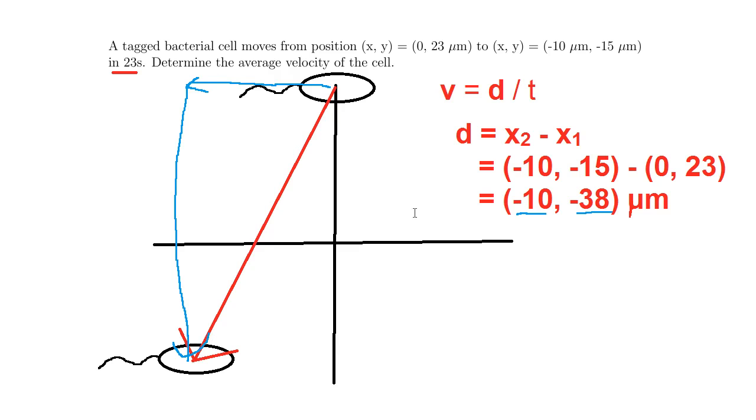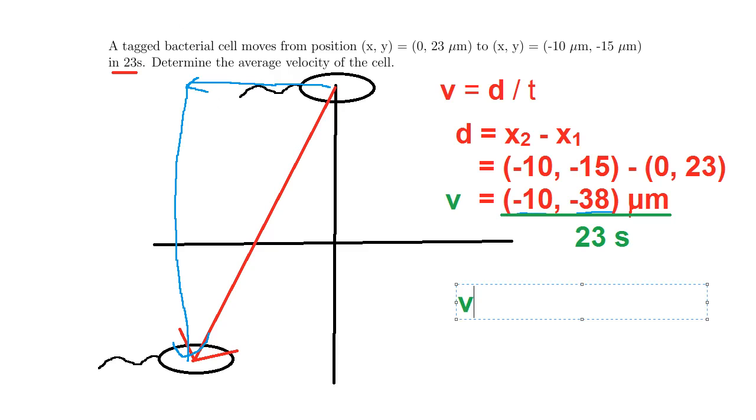To find the velocity, what we're going to do is we're going to take this displacement that we have here, and we're going to divide it by our change in time. And what we found here was our change in time was 23 seconds. Now, keep in mind, there's a reason there's brackets around this Cartesian notation. We're actually going to divide both numbers that are inside there by the 23 seconds.